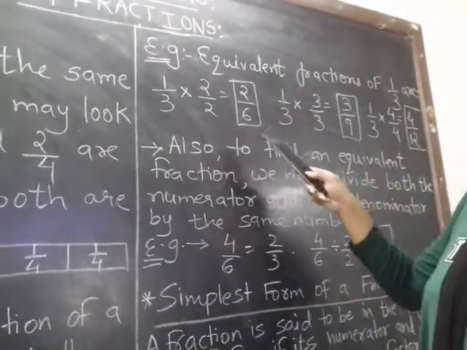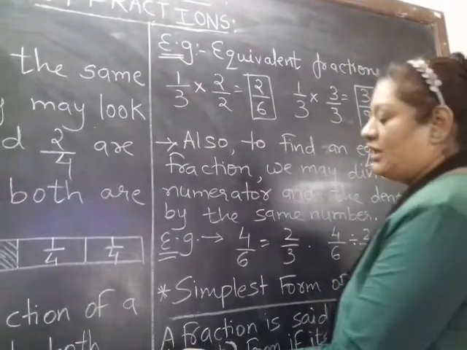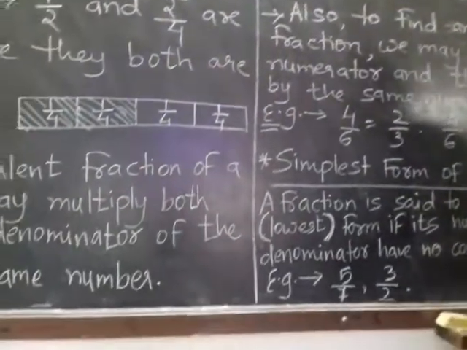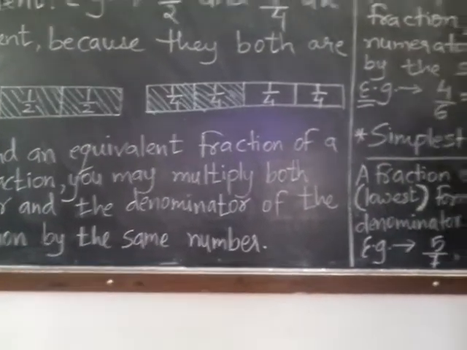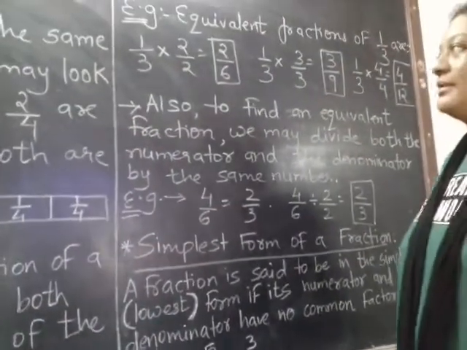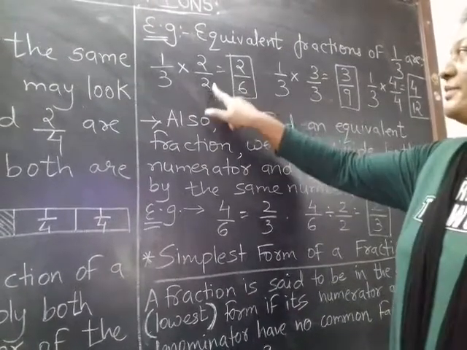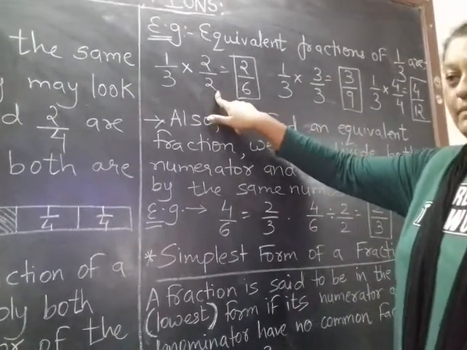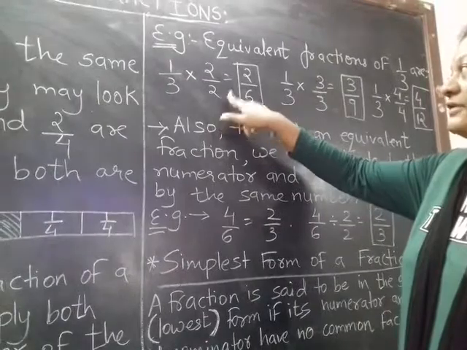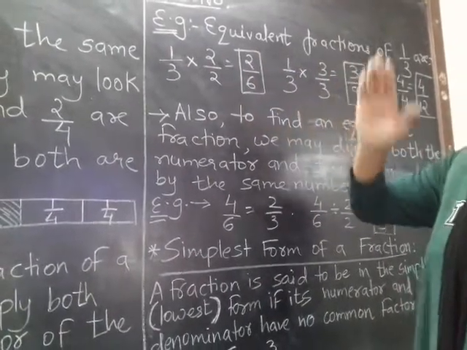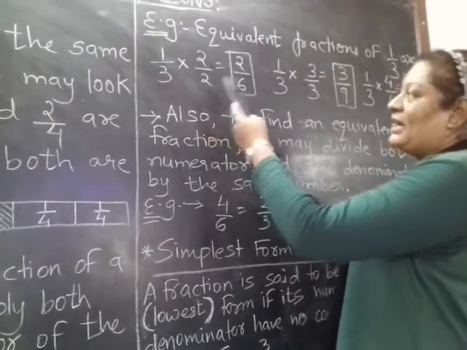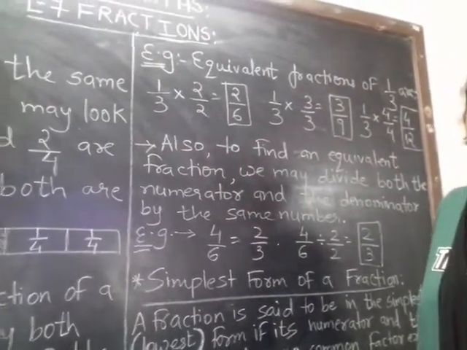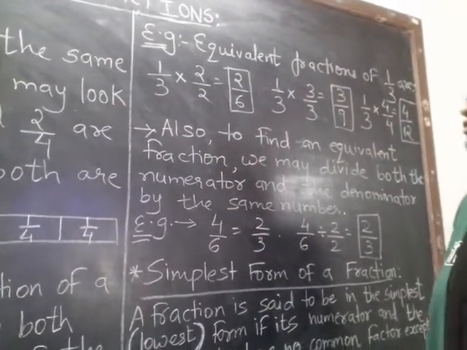When we find equivalent fractions, the numerator and denominator should be multiplied by the same number. Always, when we solve equivalent fractions, we skip 1 upon 1, because it will keep the answer the same, so that is not valid.